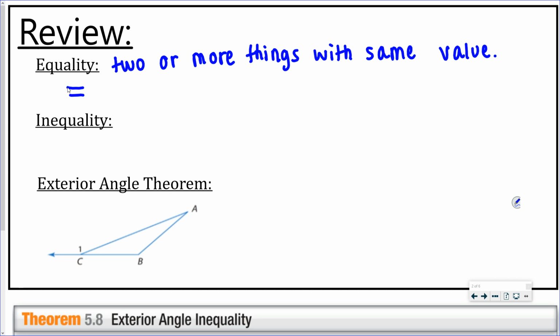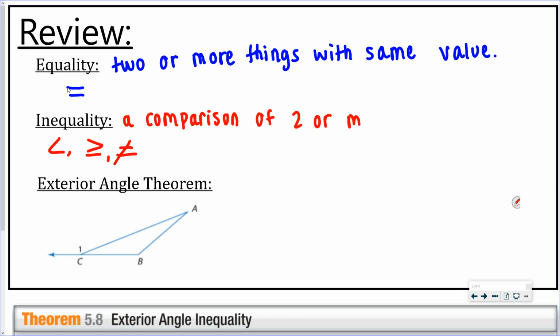Okay, inequality, that's what comes into play today. These are symbols like is less than, is greater than or equal to, or even an equal sign with a slash through it, which means it's not equal to. These are all examples of inequalities. The definition here is a comparison of two or more values that are not necessarily equal.